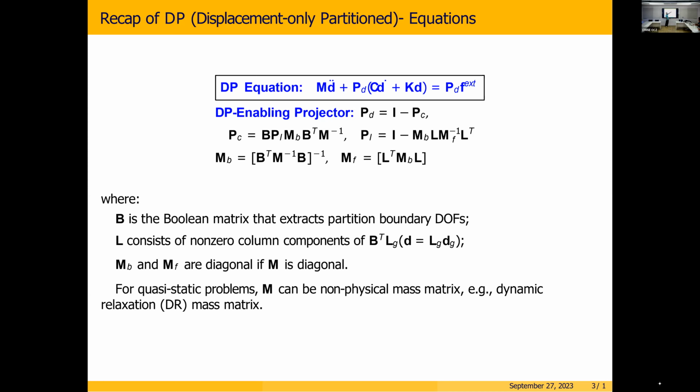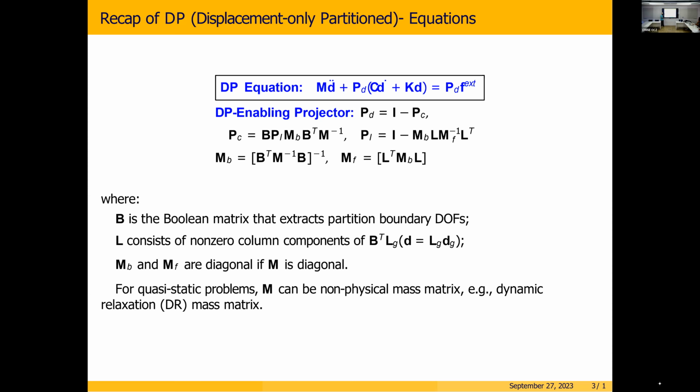And then PC times KD is the one representing interface force. So instead of interface force, Lagrange multiplier, you replace that with the PC times KD. And when M is diagonal, then MB, MF is all diagonal. Okay? So there's very little computational effort to generate this equation.